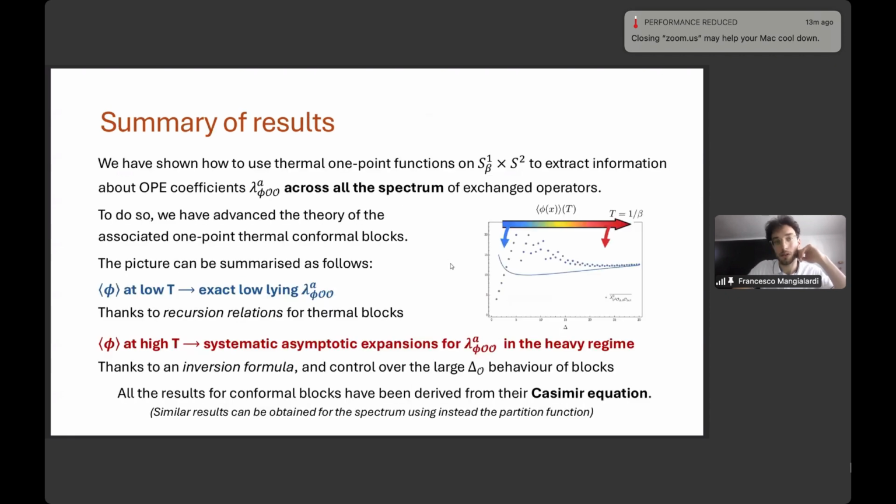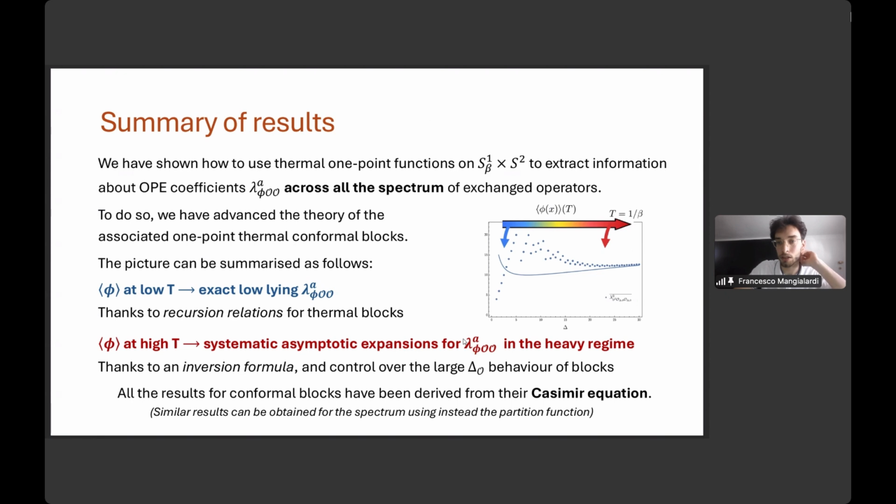Okay, so I may already summarize the discussion. I've shown how to use the thermal one-point function on the fully compact thermal geometry, so S1 times S2, to extract information about OPE coefficients across all the spectrum of exchange operators. In order to do so, we had to advance the theory of the associated thermal one-point function, which allows us to find the asymptotic expansion for the OPE coefficient when the exchange operator becomes heavy.